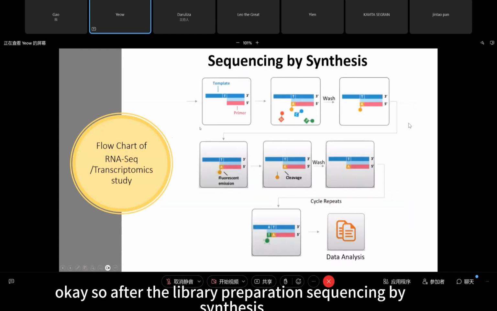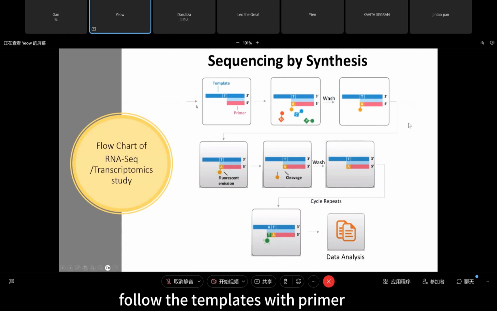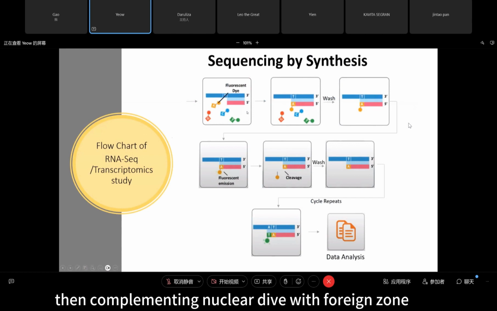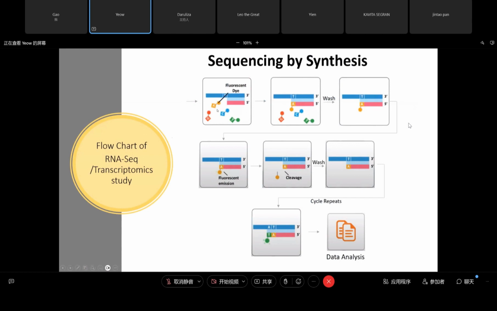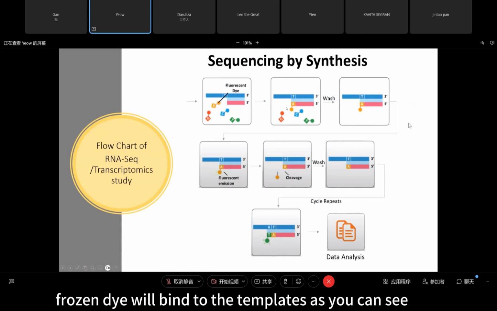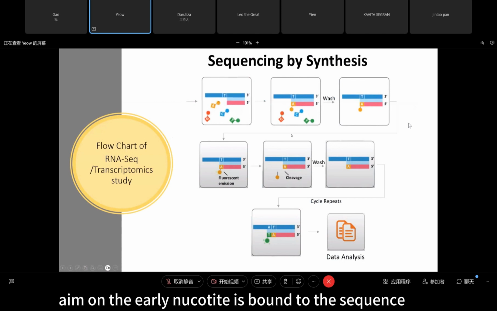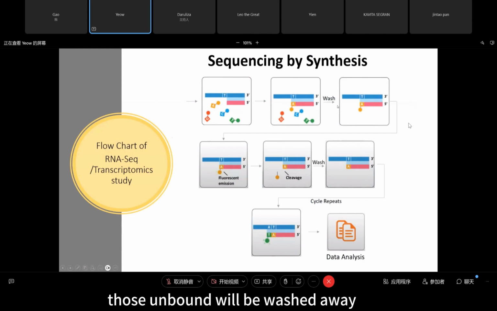Okay, so after the library preparation, sequencing by synthesis follows. The templates with a primer for the synthesis bind to the flow cells, then complementary nucleotides with a fluorescence dye will bind to the templates. As you can see, a nucleotide is bound to the sequence. Those unbound will be washed away.